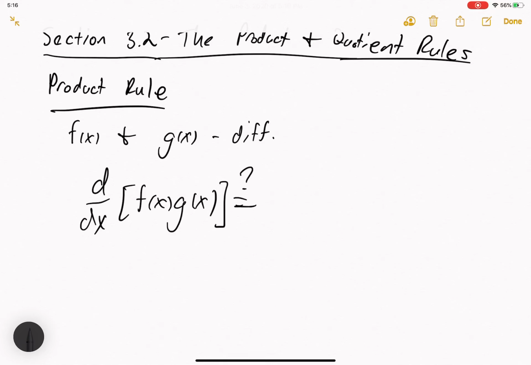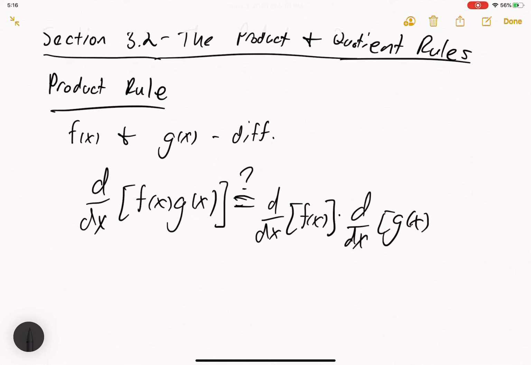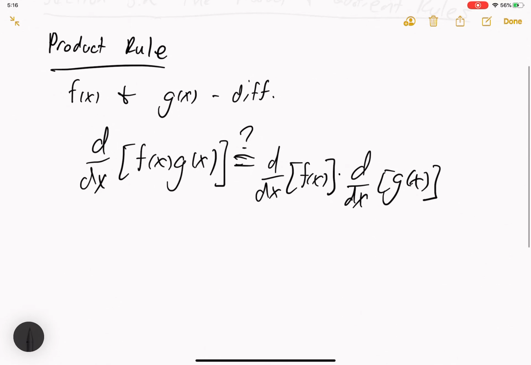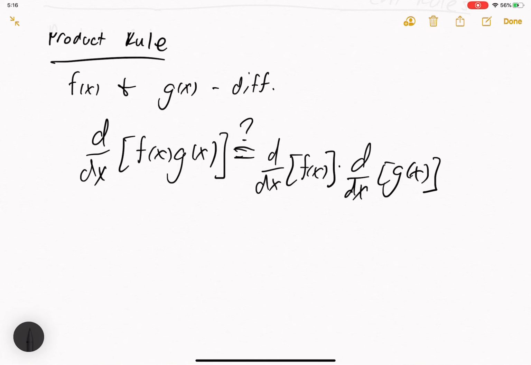But let's just say, maybe perhaps, it is equal to d/dx of f of x times d/dx of g of x. Oops, that's a 3. So it's possible that maybe this is true.